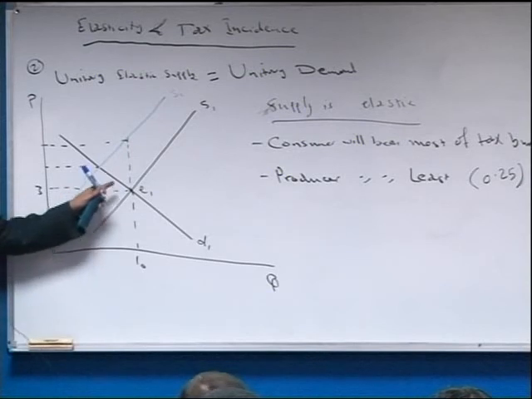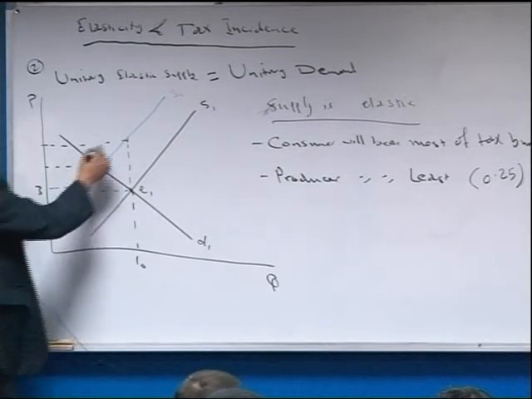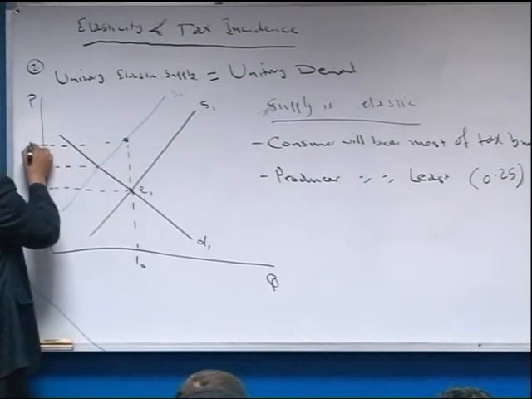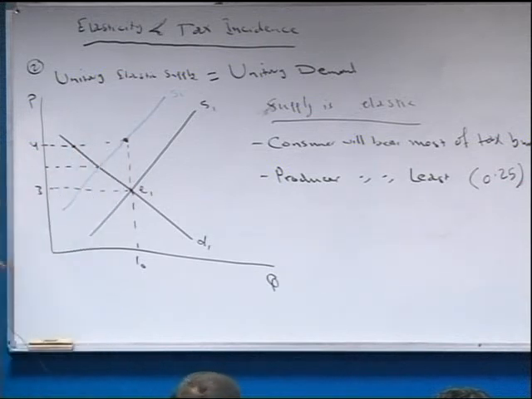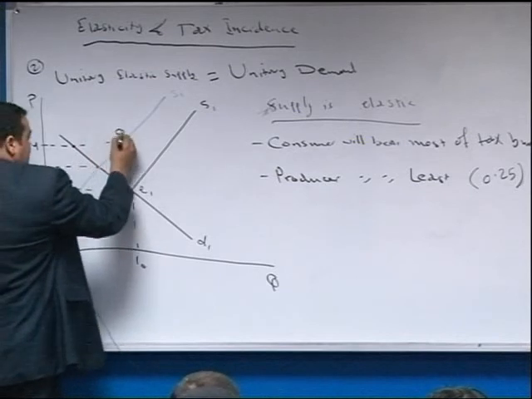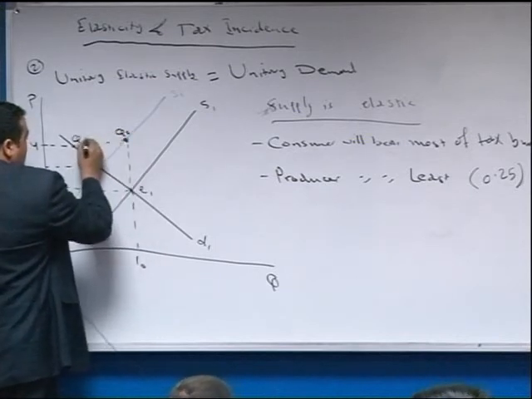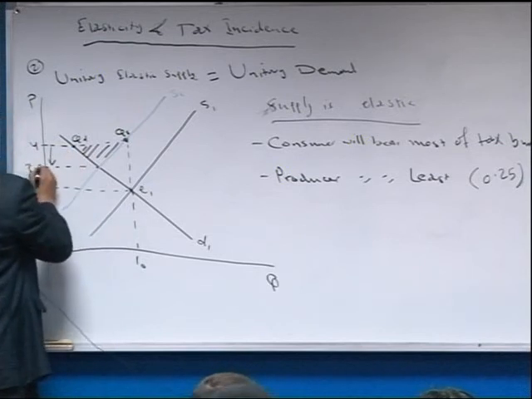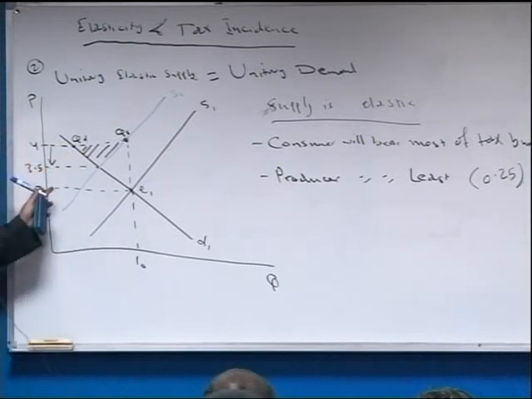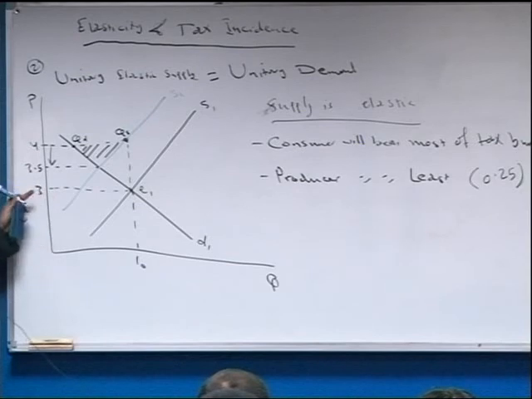As we mentioned, the producer will try to sell the product by 4. Unfortunately, as a result of the supply surplus, in this case QS is larger than QD, the prices tend to decline to 3.5. So the producer can sell his product by 3.5.